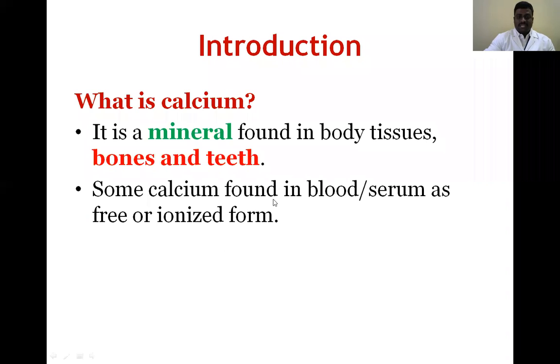Some calcium is found in the blood as free or ionized calcium. Only free or ionized calcium participates in the metabolic reactions. When it is bound with other molecules or proteins, it never participates in any reactions.